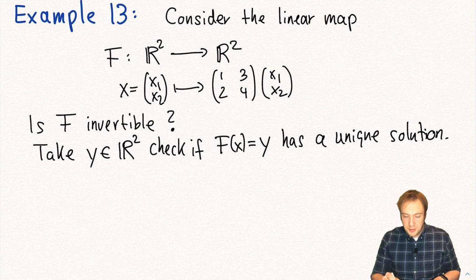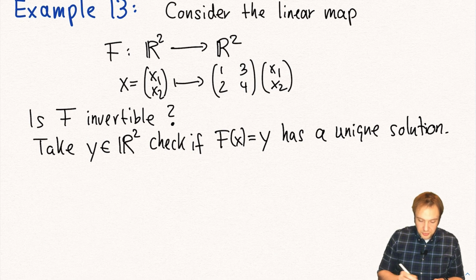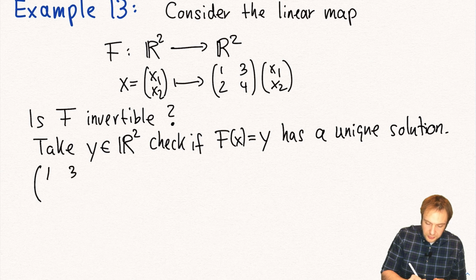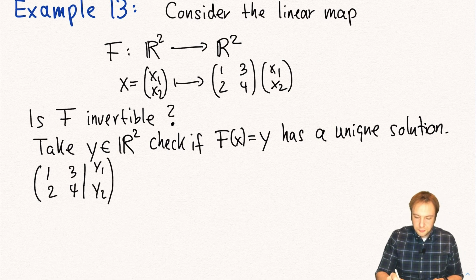So in other words, we can try again to solve this linear system. And solving this linear system just means we consider this augmented matrix 1, 3, 2, 4, and here the vector y1, y2.